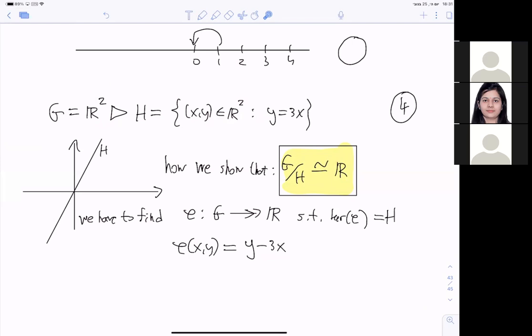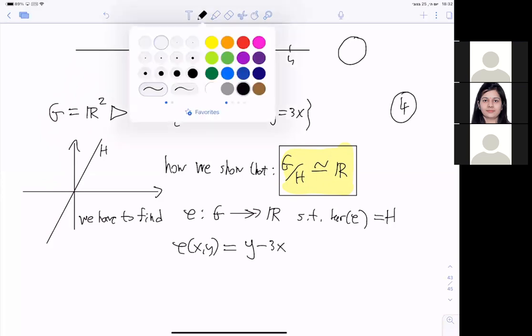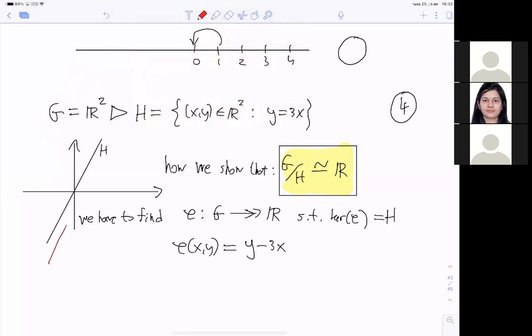What is G modulo H? It's shifts of this line. So you can cover all the plane by shifts of this H.